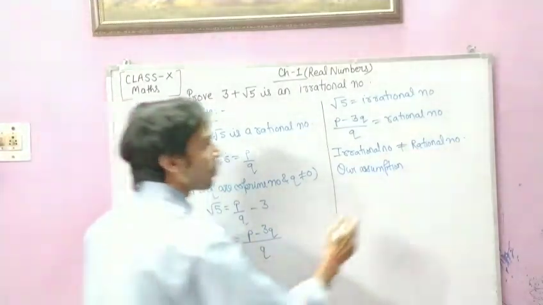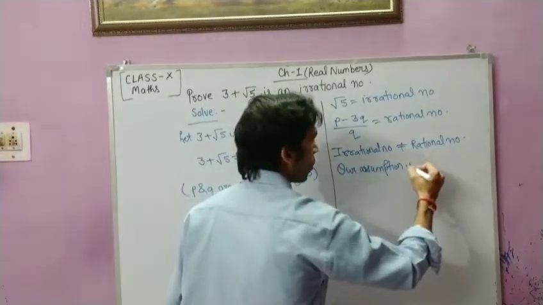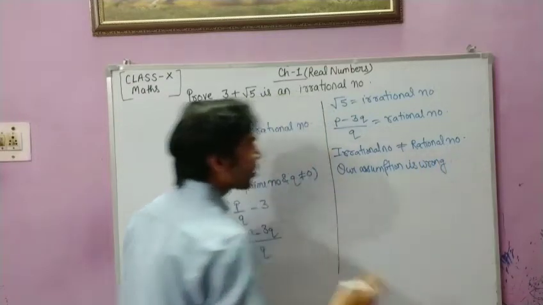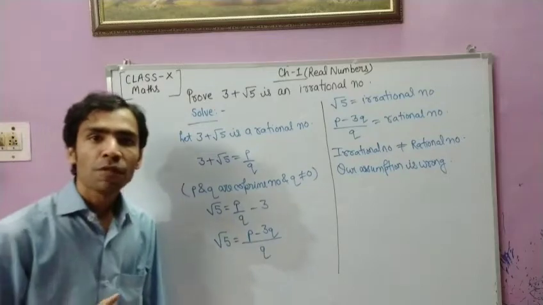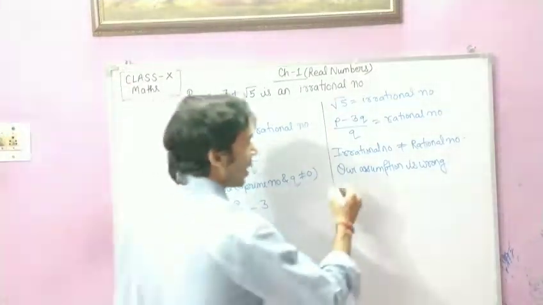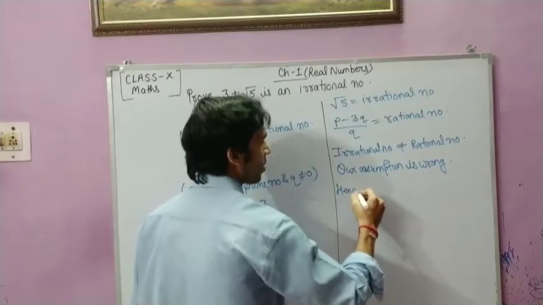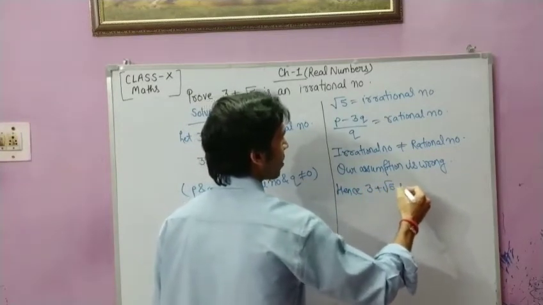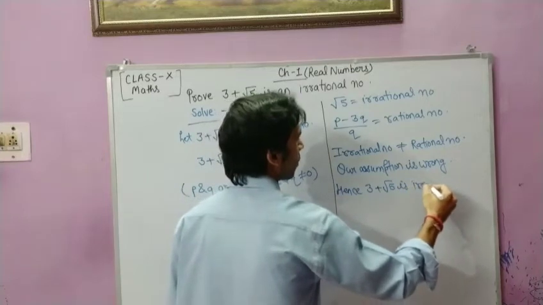It means that our assumption is wrong. And what was our assumption? Our assumption was 3 plus root 5 is a rational number. Hence 3 plus root 5 is an irrational number.